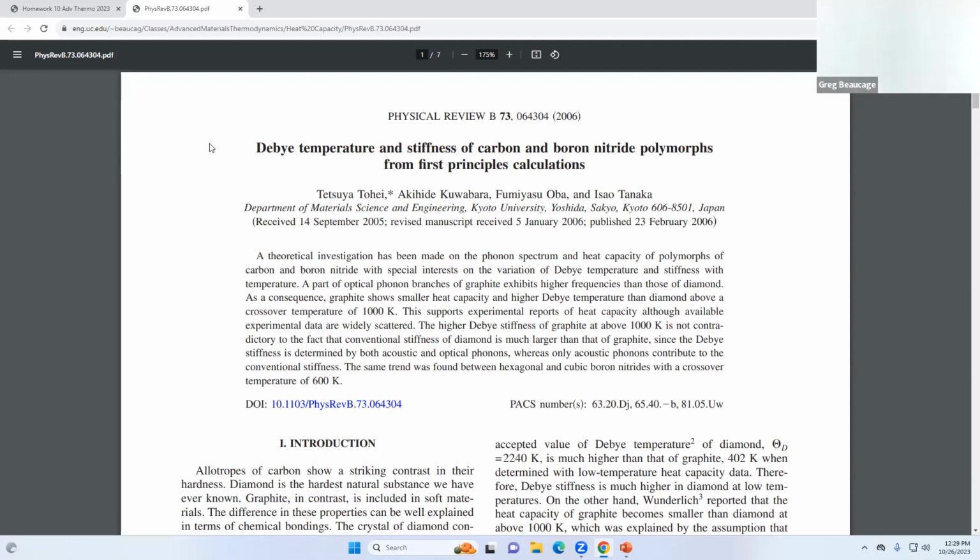I think they're all copying each other. But anyway, the question in this homework is to derive the Debye function, so I want to do that. So the heat capacity function, and does that show up?